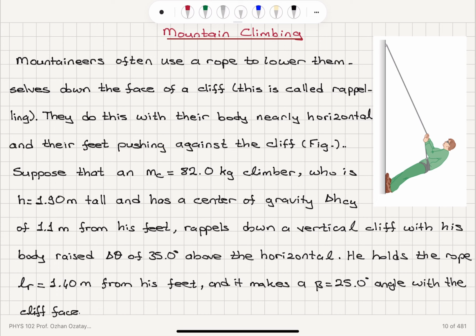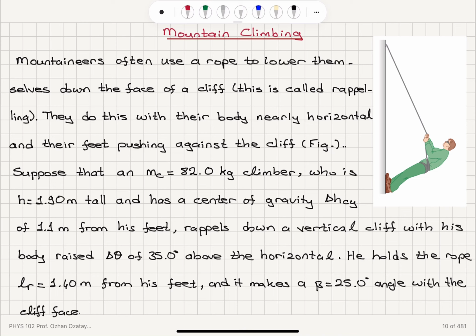Suppose that a mountaineer of mass m = 82.0 kilograms, who is h = 1.90 meters tall and has a center of gravity Δh_cg of 1.1 meters from his feet, rappels down a vertical cliff with his body raised Δθ of 35 degrees above the horizontal.